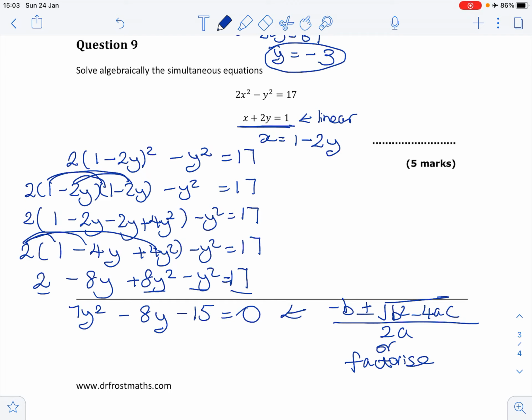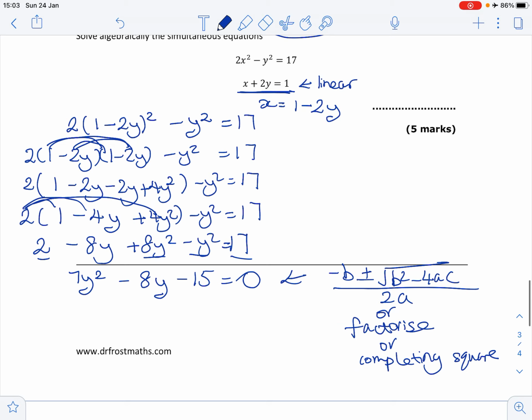Or you could use completing the square to find your y value. And I prefer to use the quadratic formula. So my a is equals to 7, my b is equals to minus 8, my c is equals to minus 15.